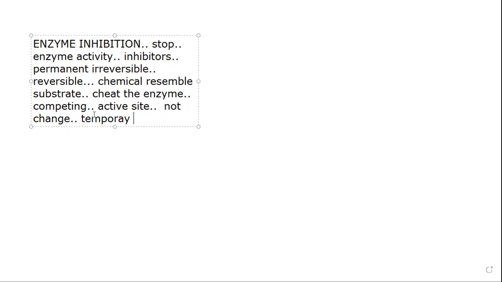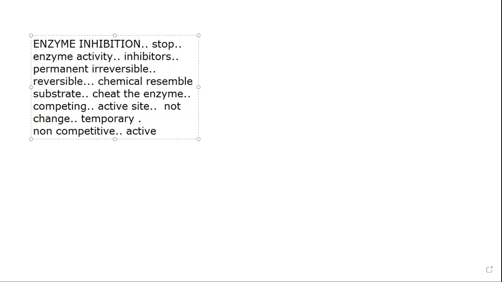Now, the next type of inhibition that we have is that inhibition which is not competing for the active site. This is known as non-competitive inhibition. In this type of inhibition the active site is not going to be involved. The inhibitor does not care for the active site.